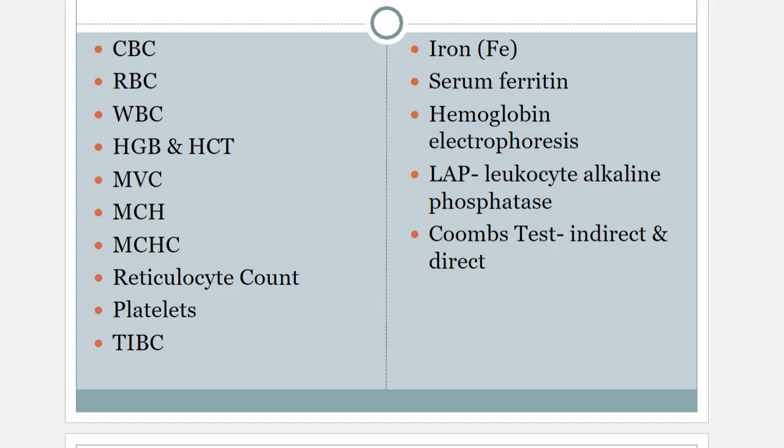Okay, and then we have the Coombs test, indirect and direct. The direct Coombs is used to detect antibodies that are stuck to the surface of the red blood cell. Sometimes these antibodies can destroy red blood cells and cause anemia.